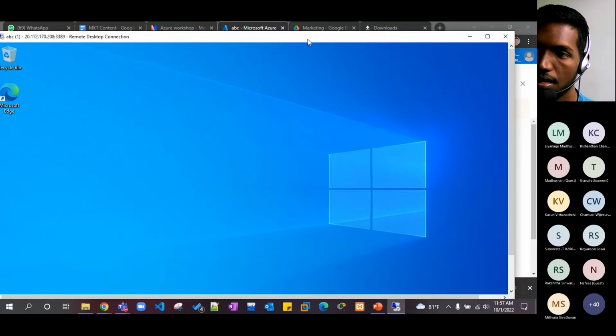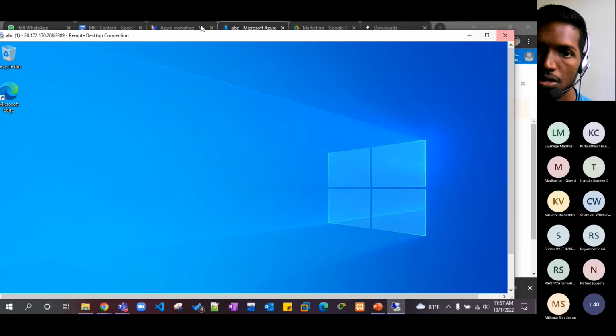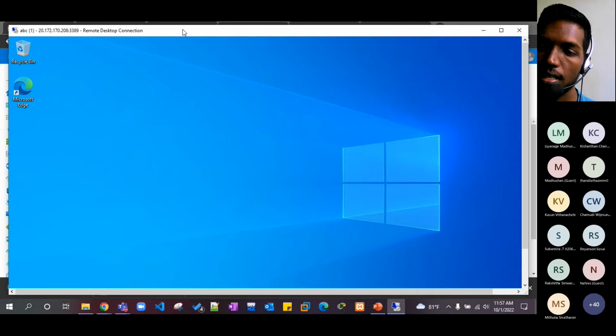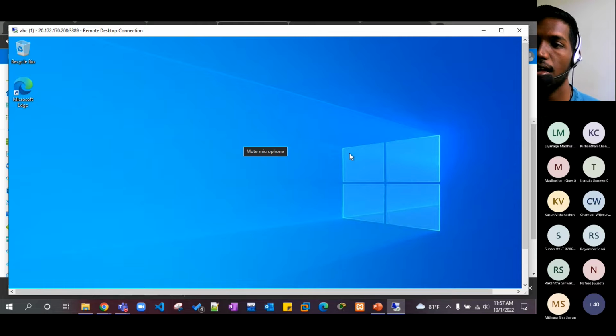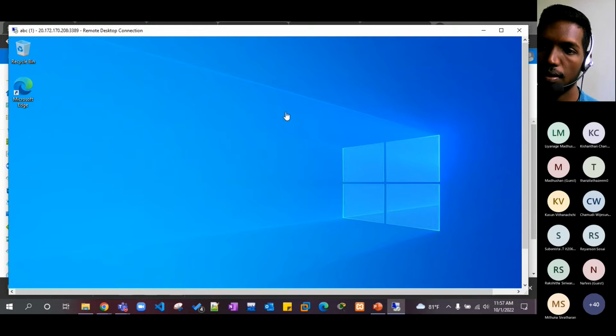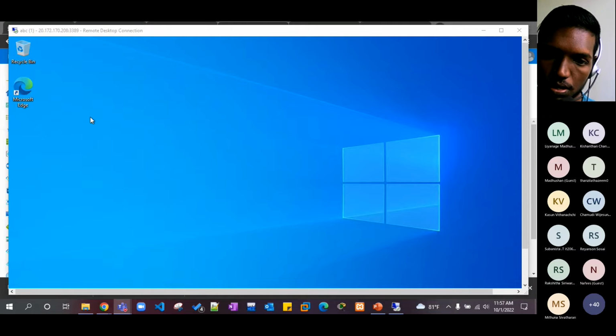So this is the remote access role. The physical hardware is a different phase, but we are using the servers from here as a remote one.